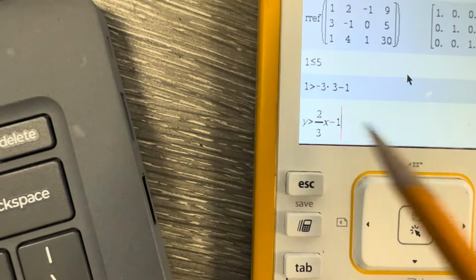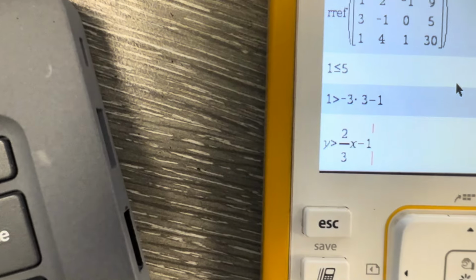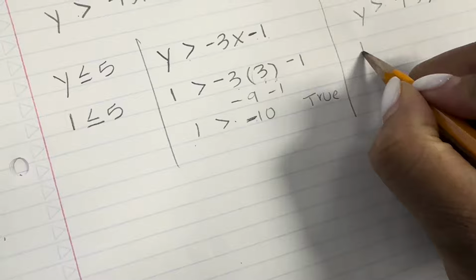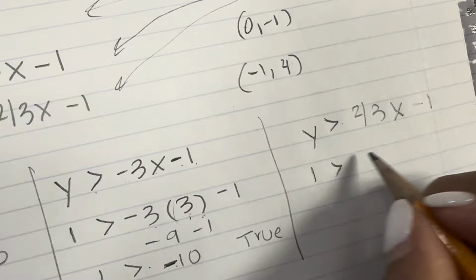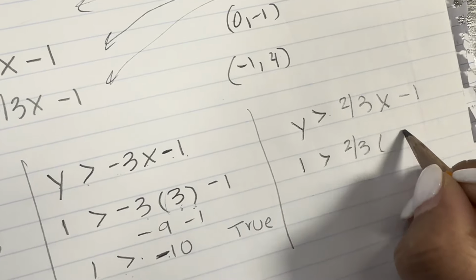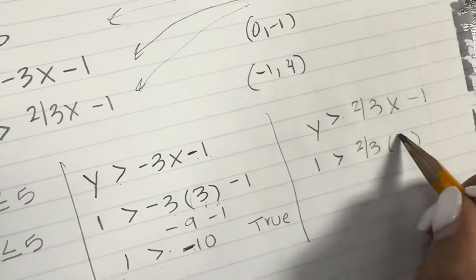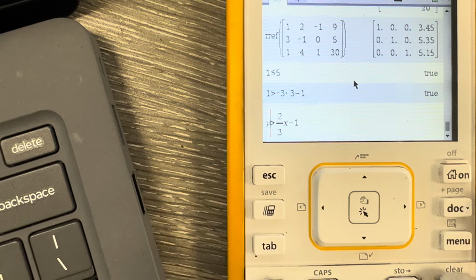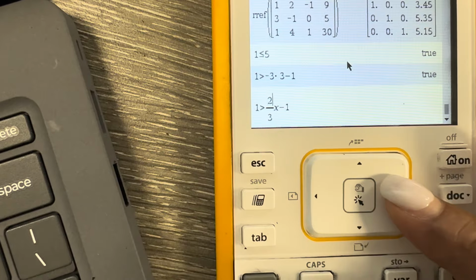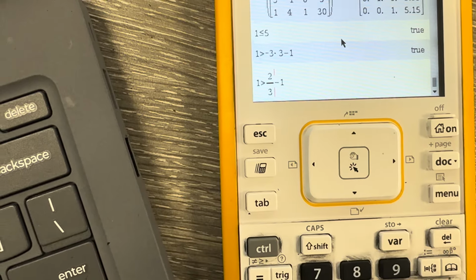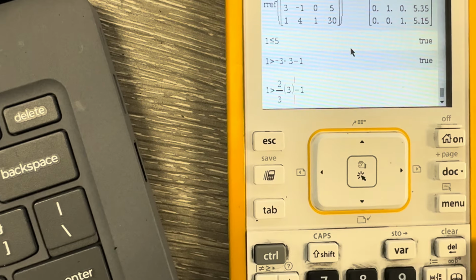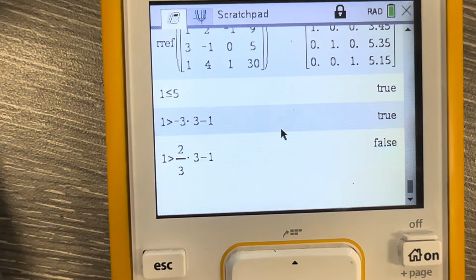All right, so you're putting in your last inequality, and then you're going to delete your y. Let's put our y, which is 1. And then your x, I'm going to put parentheses, which is 3 minus 1. So let's delete the y and put 1. Delete your x and put parentheses, 3, parentheses, and enter. False.